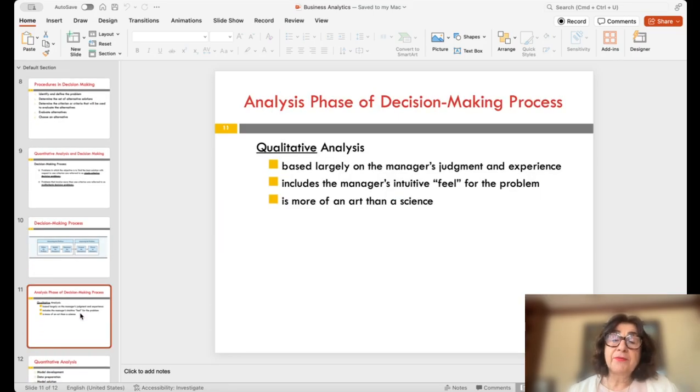The analysis phase of the decision-making process is supposed to also include the qualitative analyses. We know that we are dealing with data. We are working hard to turn data into information. However, there are always qualitative features that we have to keep in mind and include in our analyses.